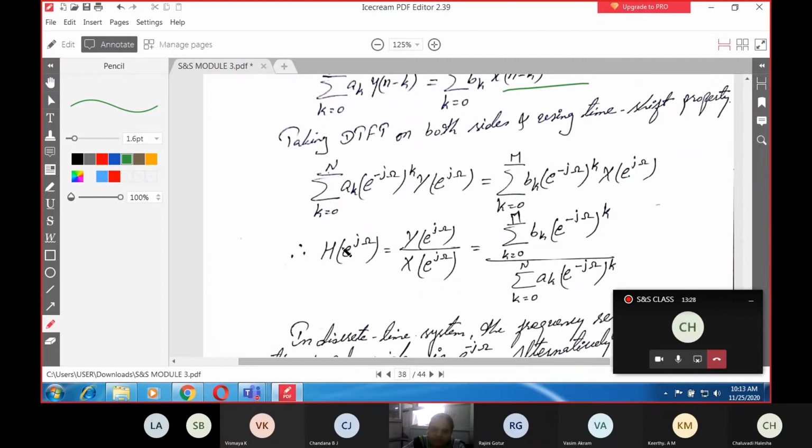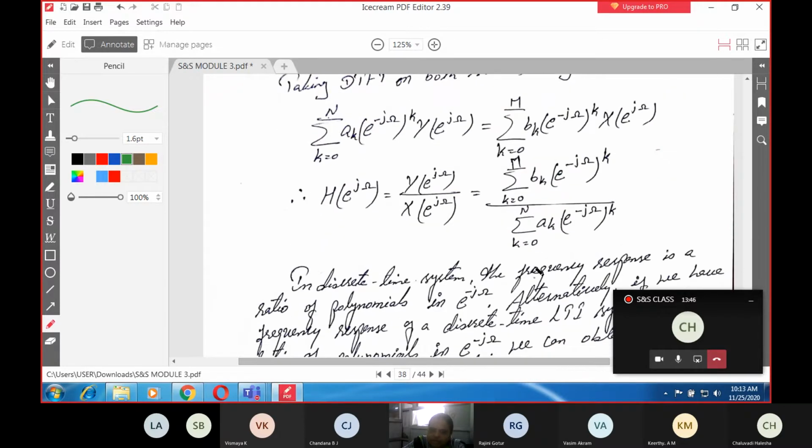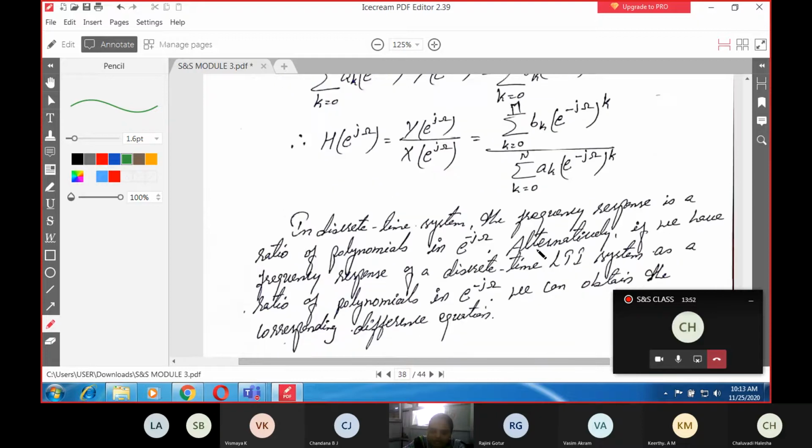Here also H of e raised to j omega, the frequency response, is equal to Y of e raised to j omega divided by X of e raised to j omega, that is equal to summation k equal to 0 to M b k e raised to minus j omega power k divided by summation k equal to 0 to N a k e raised to minus j omega power k.